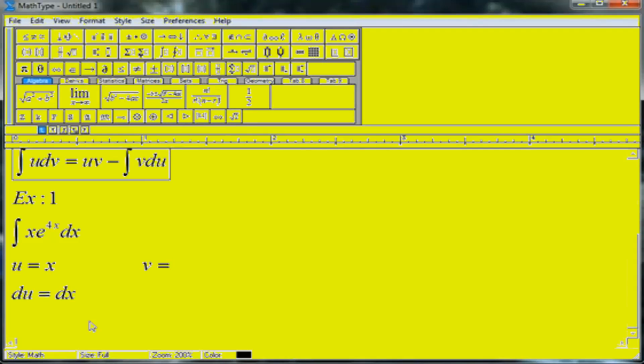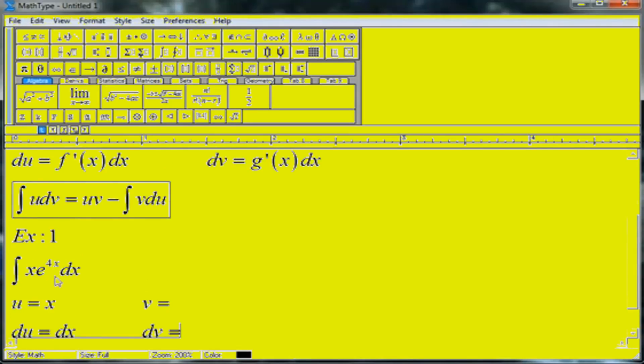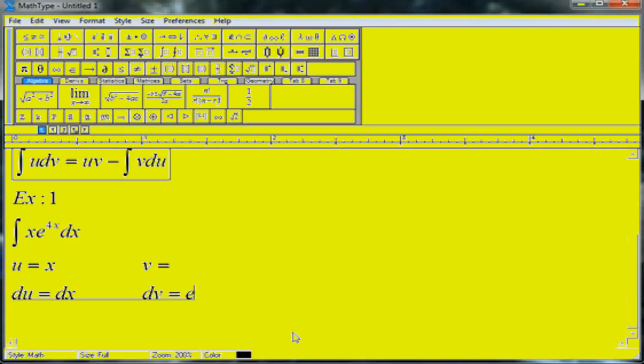Now you don't pick a v, you pick a dv. That's important here. You pick dv because if we're comparing this integral to the left side and our u is x, then everything else is dv. So e to the 4x dx is our dv. So dv equals e to the 4x dx.